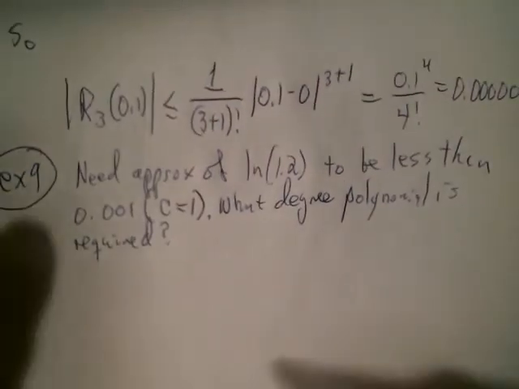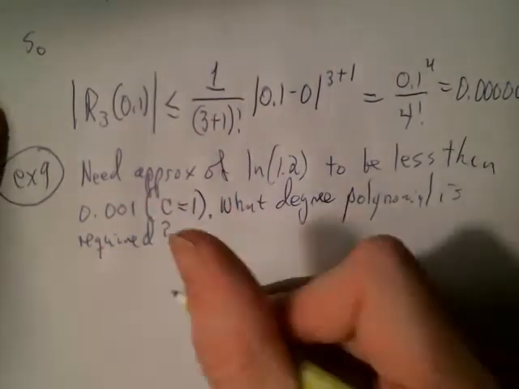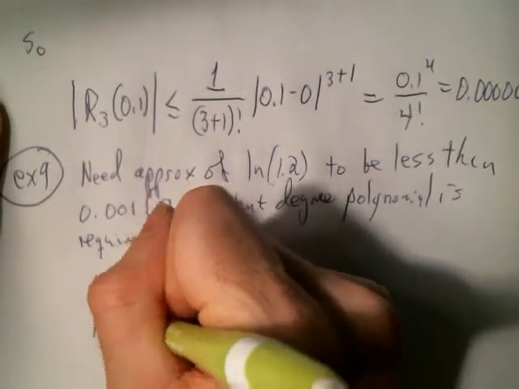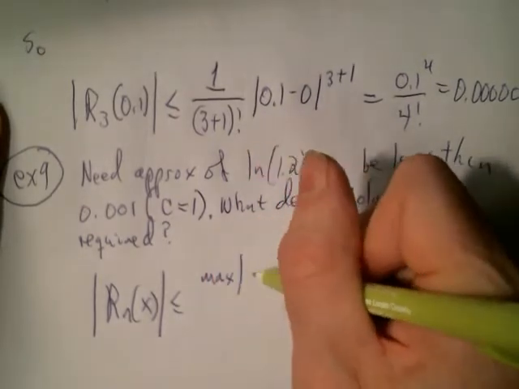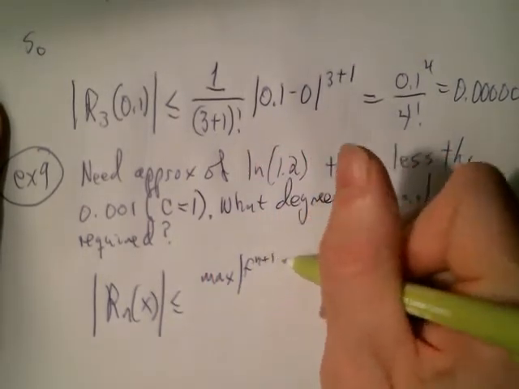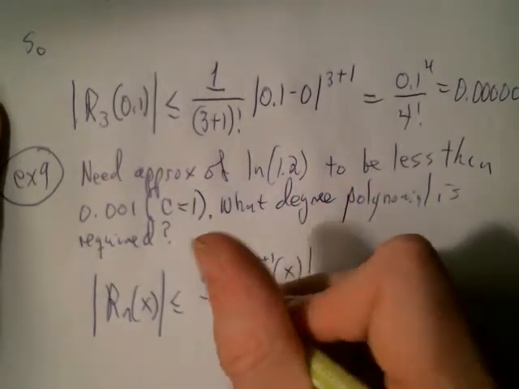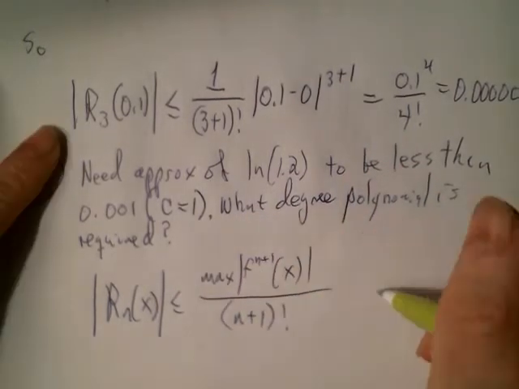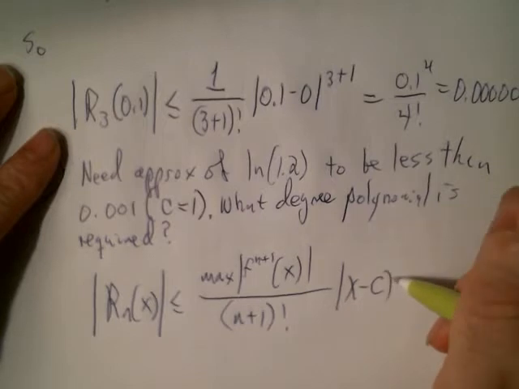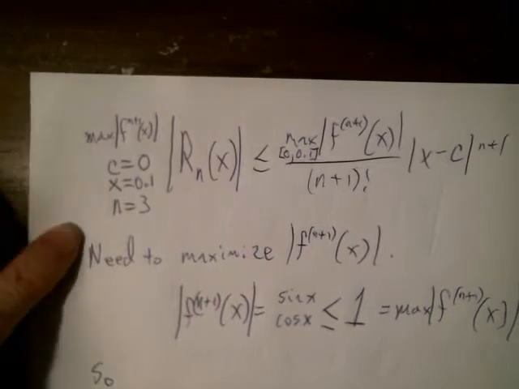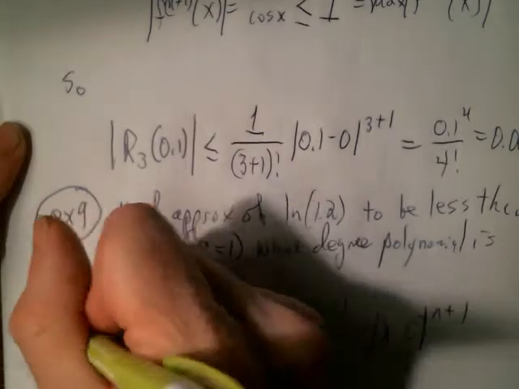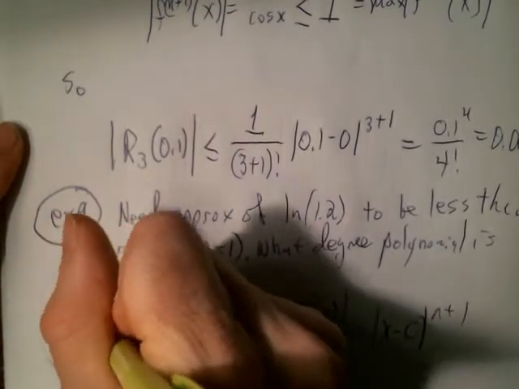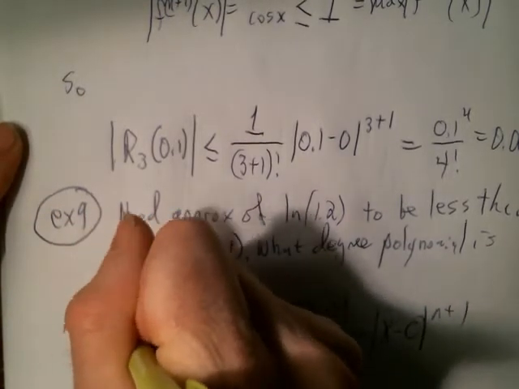Okay, so again, I'm thinking about this R sub n of x object. I need this max on the interval. I need this n plus 1 factorial and this x minus c to the n plus 1. So there's always going to be these 4 unknown things that you need to figure out before you can start turning the crank. So the max of the absolute value, again, we're going to need that thing.